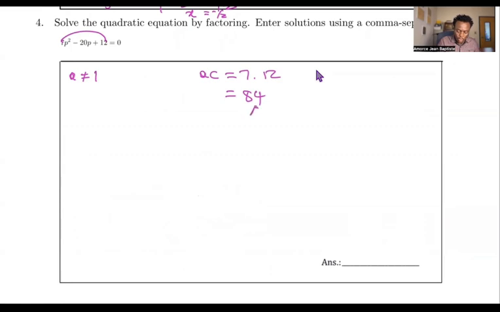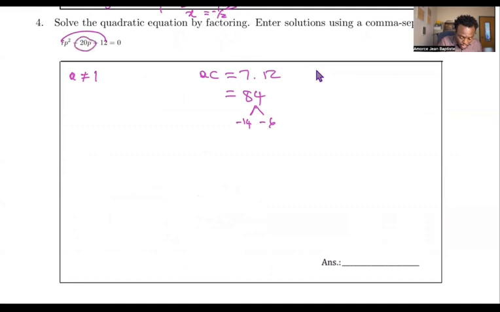Two factors of 84 that add to negative 20 will be negative 14 and negative 6. Negative 14 and negative 6.